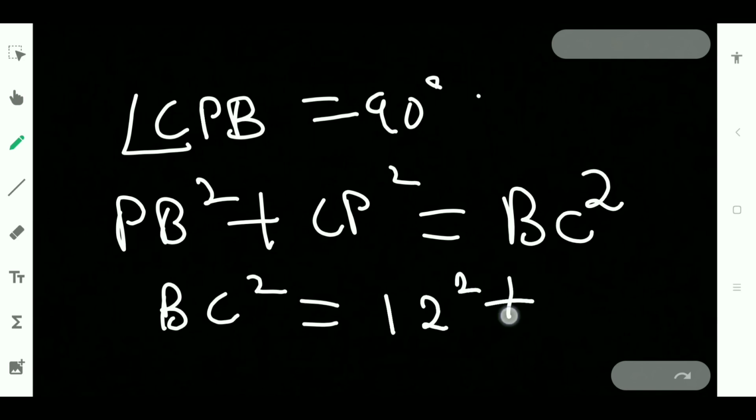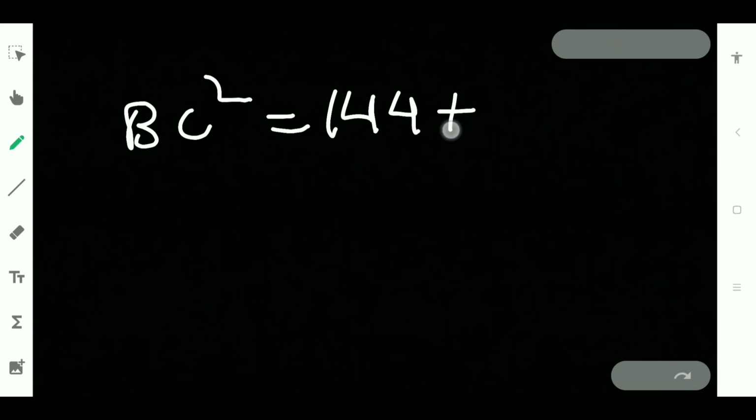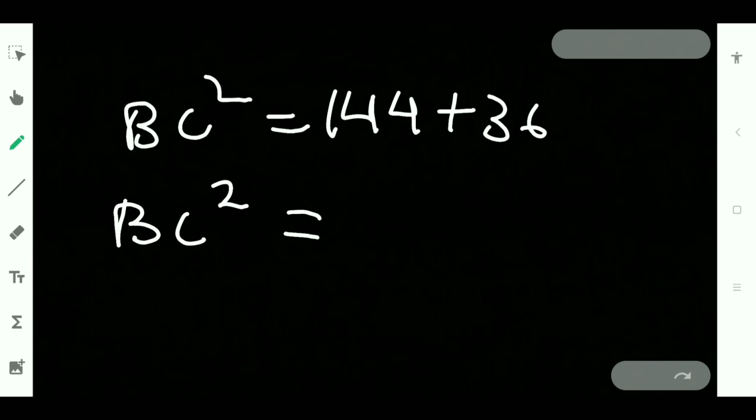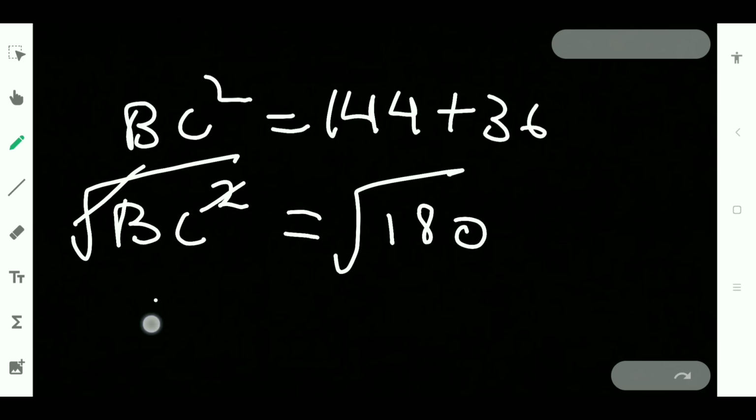Now 12 square is nothing but 144 and 6 square is nothing but 36. BC square is equal to 144 plus 36, so your BC square is 180. Now square rooting on both sides, you are getting BC is equal to root of 180.